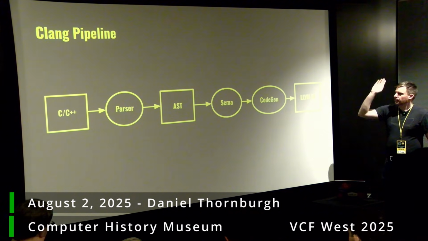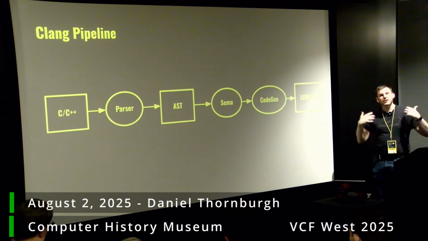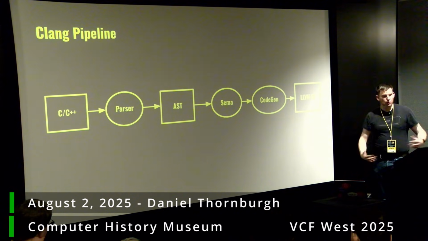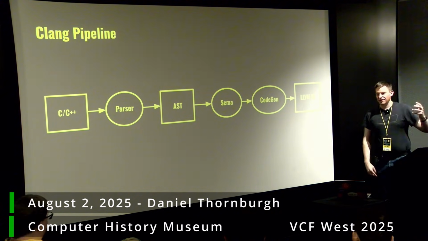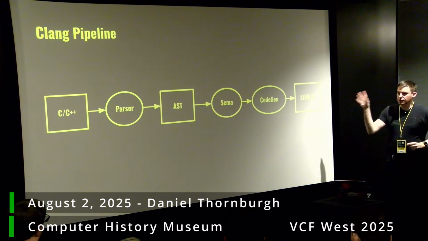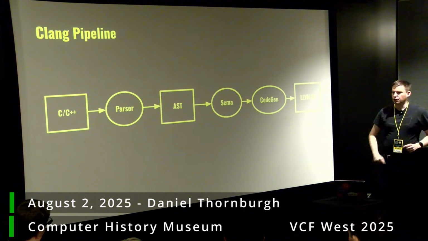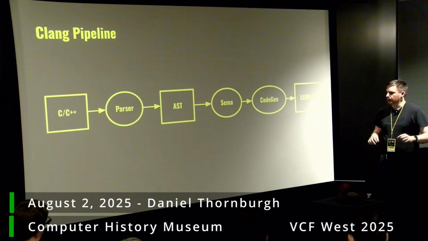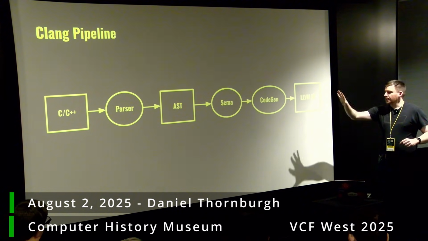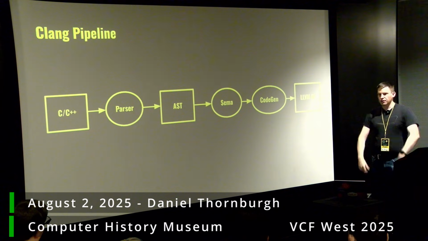You start by parsing it, which is saying, what does it say? What are all of the words? And this is where you'd get errors like you left out a semicolon. Your words are wrong. Once you've understood the words, you build a data structure called an abstract syntax tree, syntax being words and their relationships to each other, and then you semantically analyze it. You say, what do these words say?